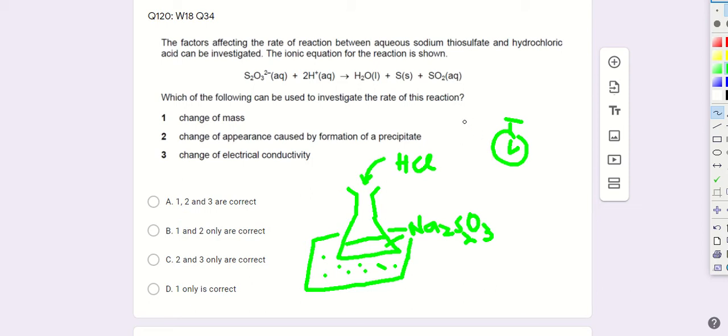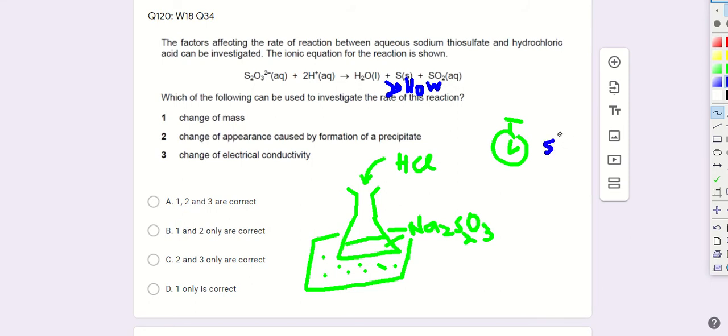Okay, sulfur will form in this reaction. Sulfur is a slightly yellowish solid. So the solution becomes cloudy, more cloudy, very cloudy until we cannot see the writing anymore.